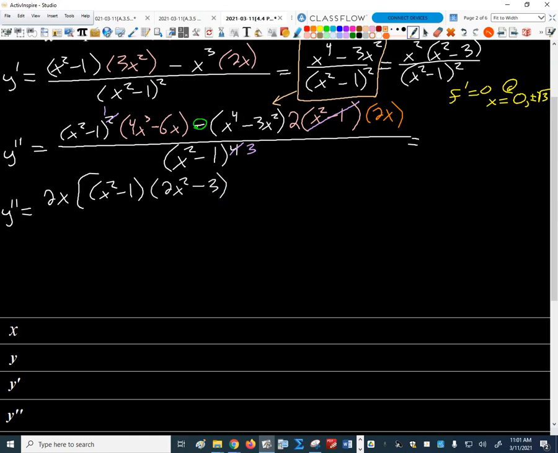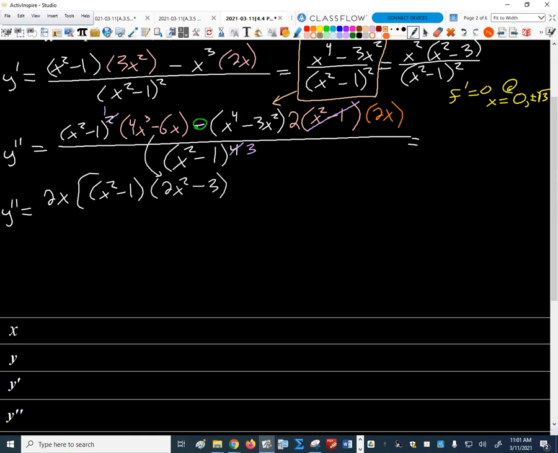Everybody agree? That's what this factor is giving me. If I factor out my 2x, give me a thumbs up so far if that makes sense. Okay, questions on that?